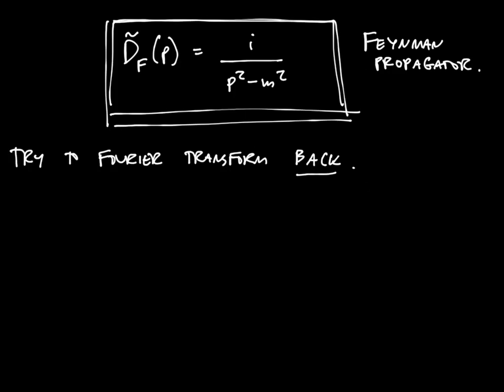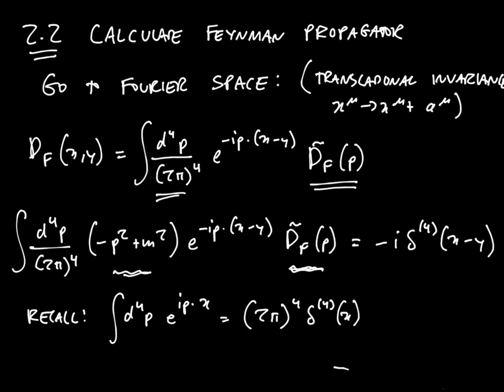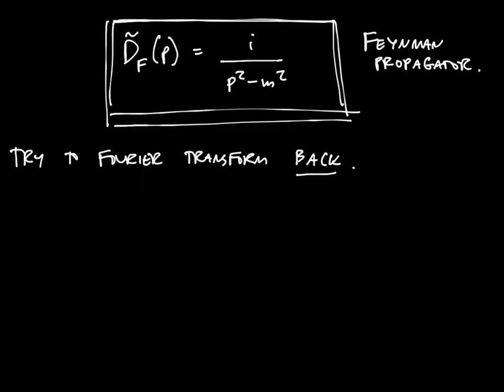So let me compute the integral over d^4p of the expression over here. But to do that, let me first break up p^mu into a p^0 and a spatial momentum.